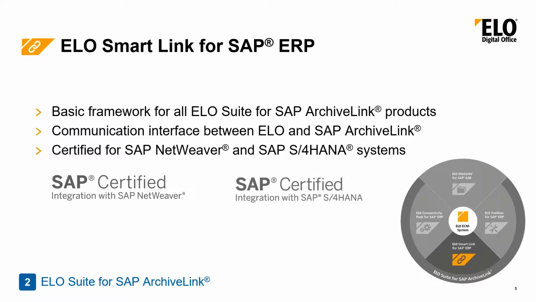Whenever there's communication, Smart Link will be used from both sides to communicate with the other side. Of course, we are certified by SAP, so if you have an external component, the Smart Link is SAP certified, and SAP guarantees full support for the applications.